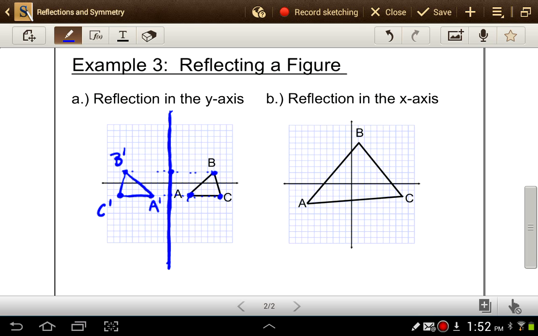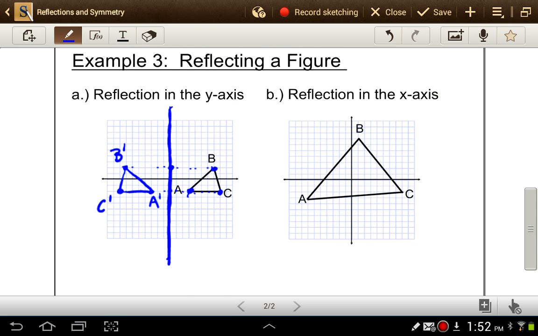Now the other thing that you're going to have to do is tell me what the points are. So A prime is, well, negative 1, 2, 3, negative 3, 2. B prime is up top, let's go the other way. So that's 1, 2, 3, 4, 5, 6, 7. Negative 7, and then it goes up 2.